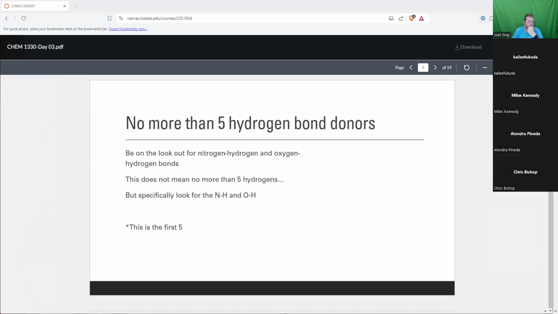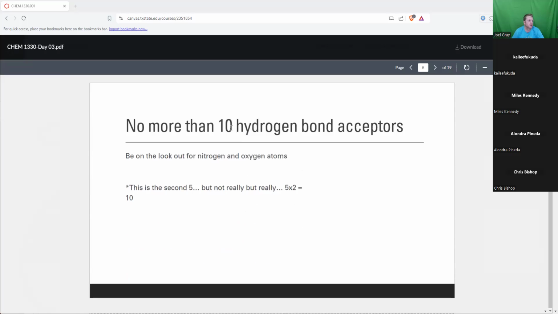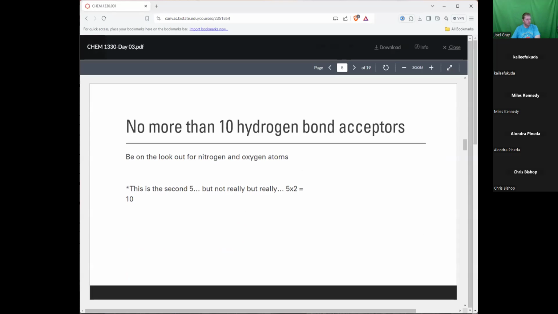So being able to identify a hydrogen bond donor and hydrogen bond acceptor, knowing no more than 5 hydrogen bond donors, then no more than 10 hydrogen bond acceptors. So this is really kind of like a continuation of that first one.